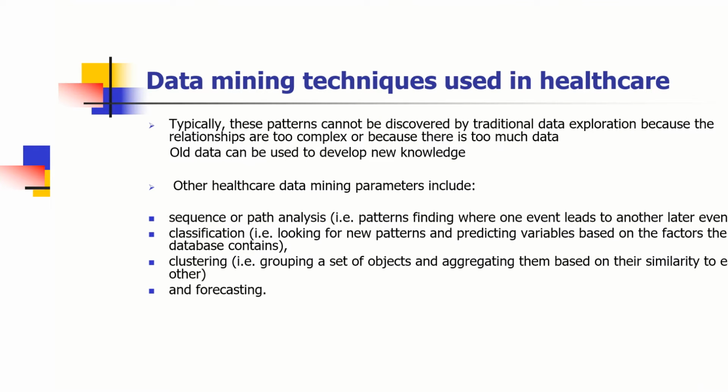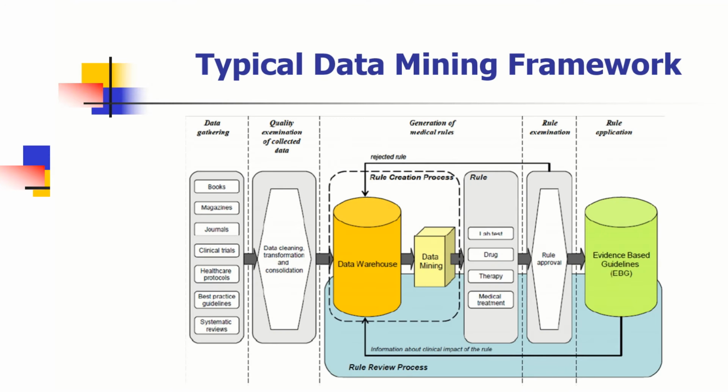Data mining techniques are used in healthcare because relationships are too complex, or because there is too much data, so patterns cannot be discovered by traditional data exploration. Other healthcare data mining parameters include sequence or path analysis, classification, clustering, and forecasting.